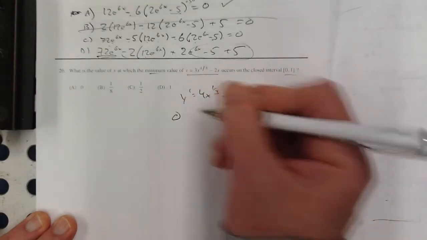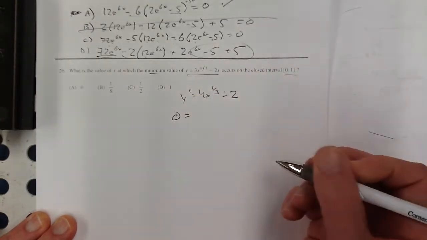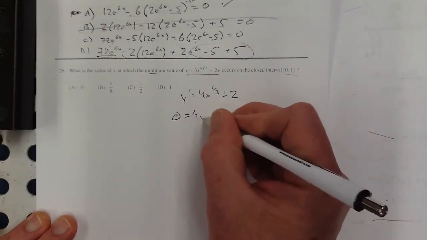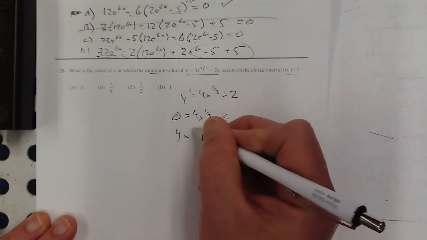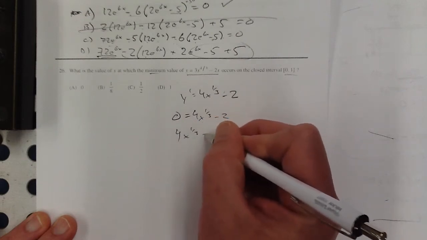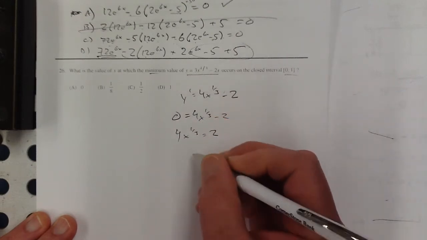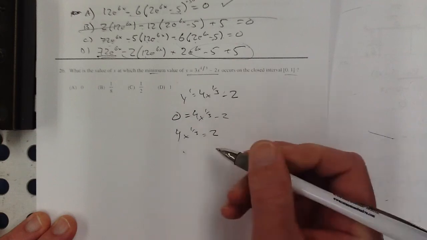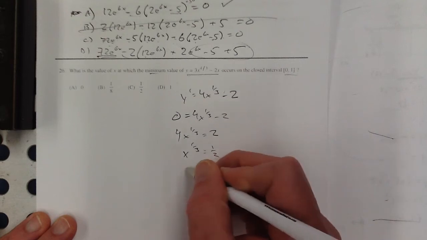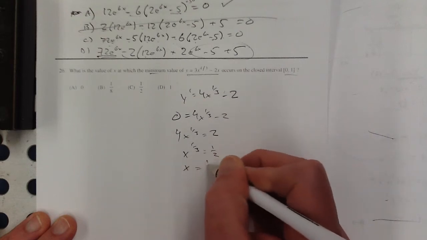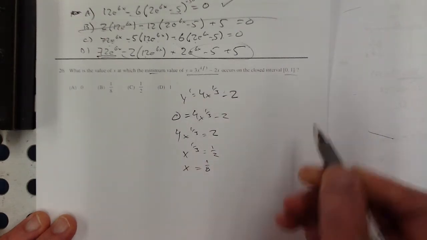So I'm going to set that equal to 0, and so 4x to the 1/3 equals 2. Then I'm going to cube both sides. So 1/8 is a contender.